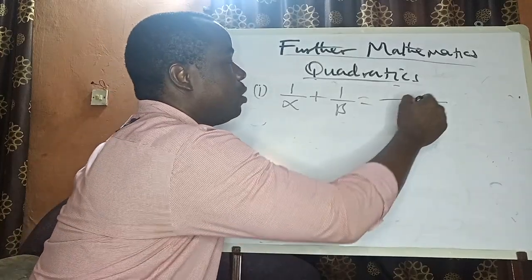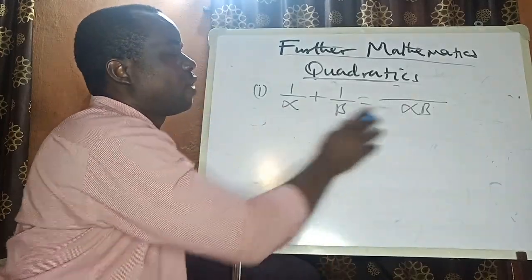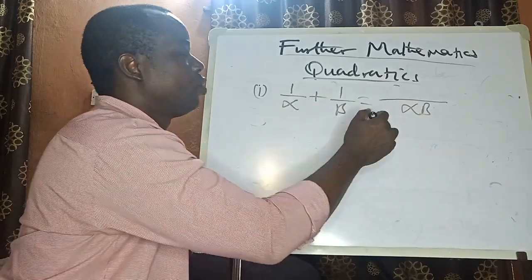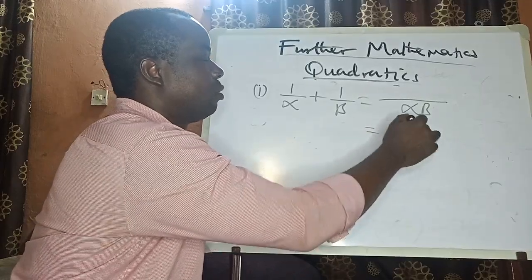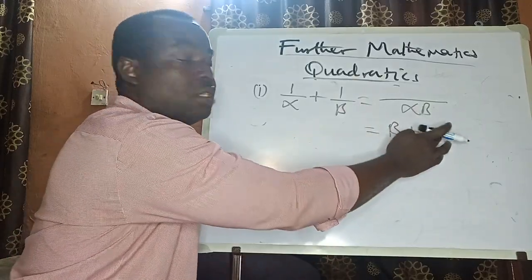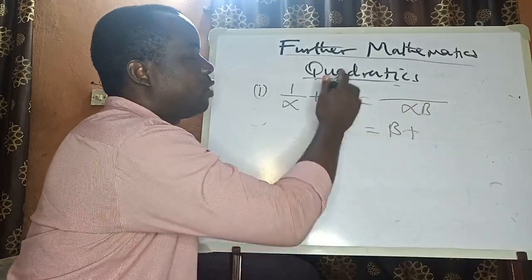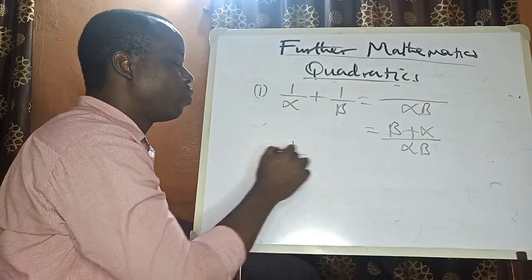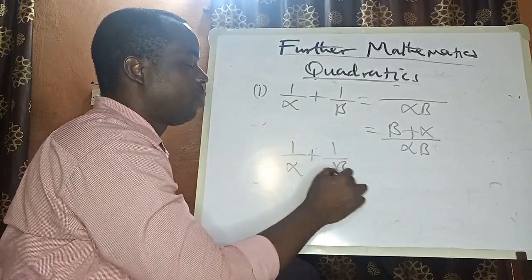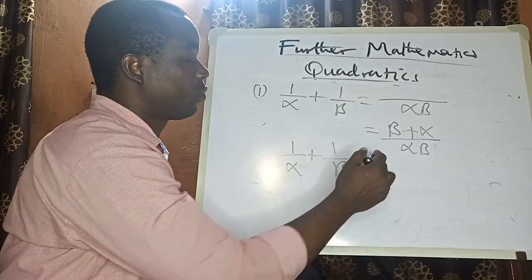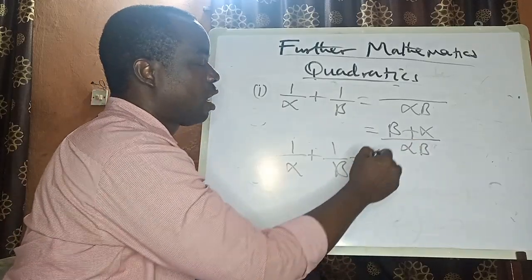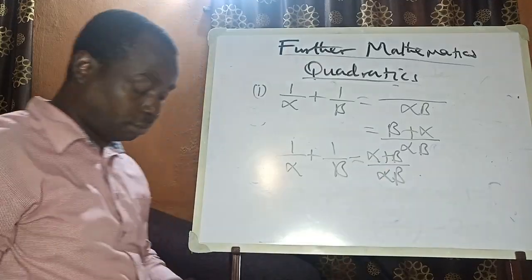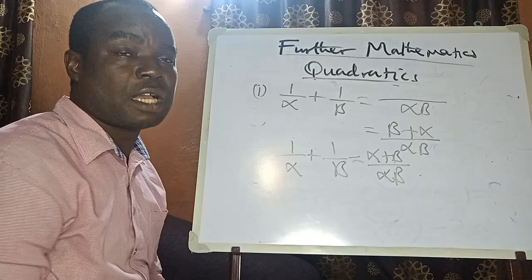That gives us alpha beta. So if alpha cancels alpha, you have beta. Beta times 1 is beta. So you write beta plus, if beta goes in, it cancels beta, you have alpha. Alpha times 1 is alpha, all over alpha beta. So we can now say that 1 over alpha plus 1 over beta will be alpha plus beta over alpha beta. So make a copy of these formulas and keep them.